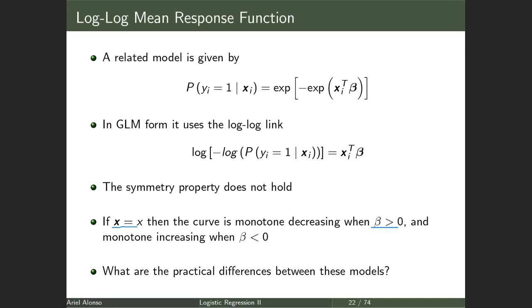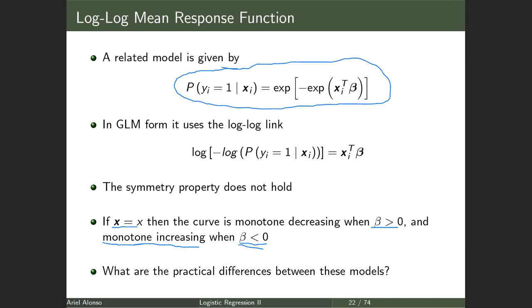And if beta is negative, then you get a monotone increasing function. That means that if beta is negative, the larger the dose, the higher the probability of having the toxic effect. And this is just a property of the response function, the link function you're using. But these are different models.